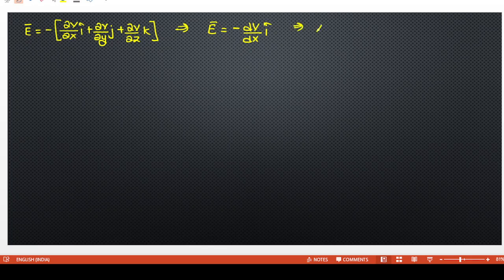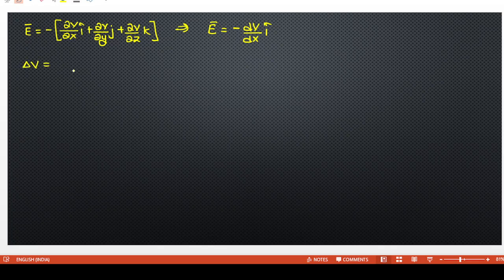One more thing that we should note is the calculation of potential difference. If potential is given as a function of position, by partial derivative you can get the field. But what if the field is given as a function of position? By integration you can get the potential difference.